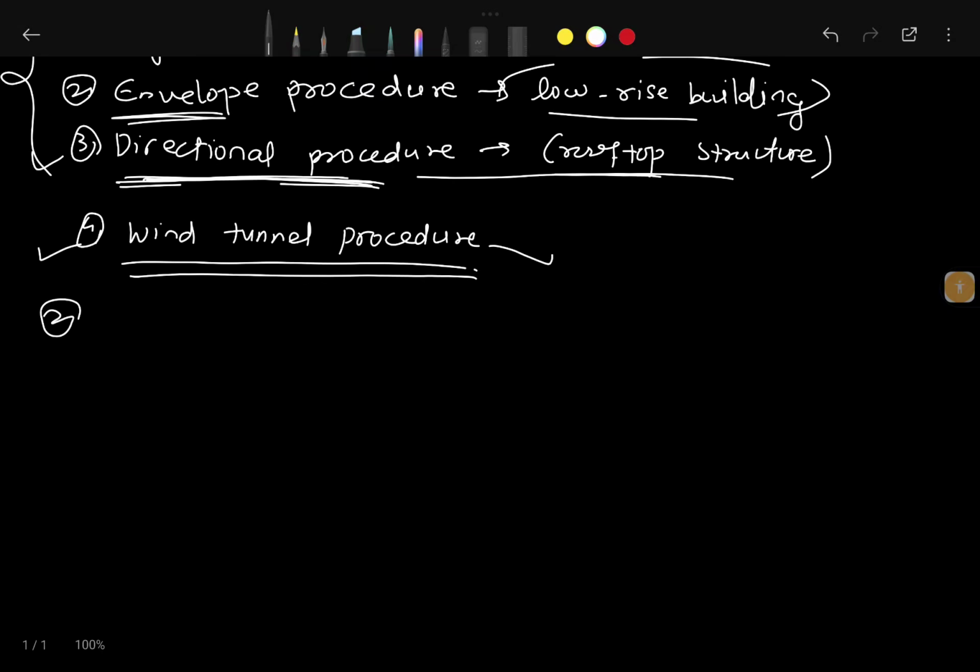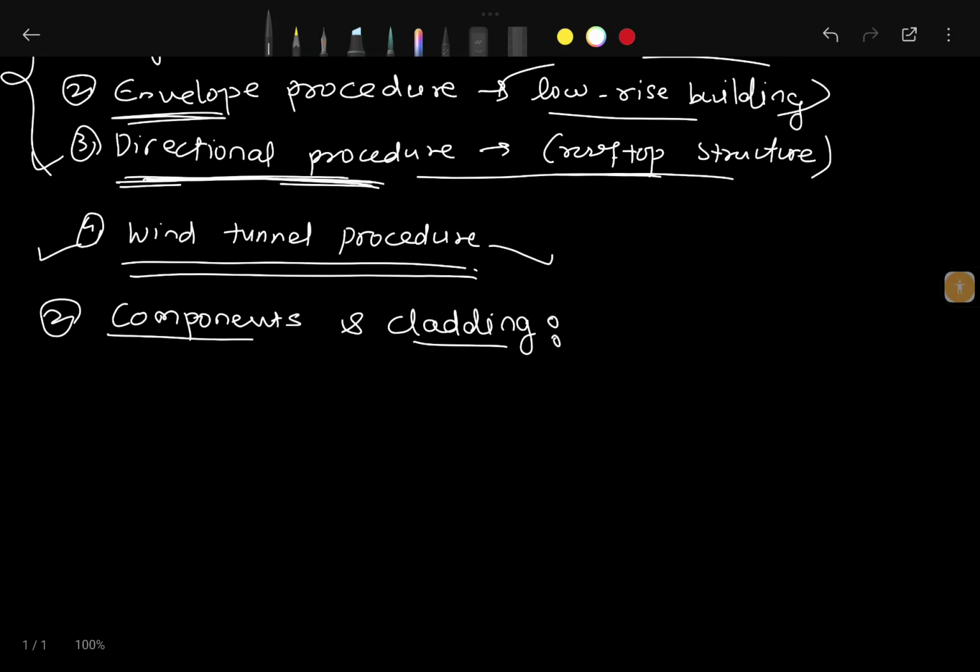Then the second one is components and cladding. These two important methods we have covered in this point.